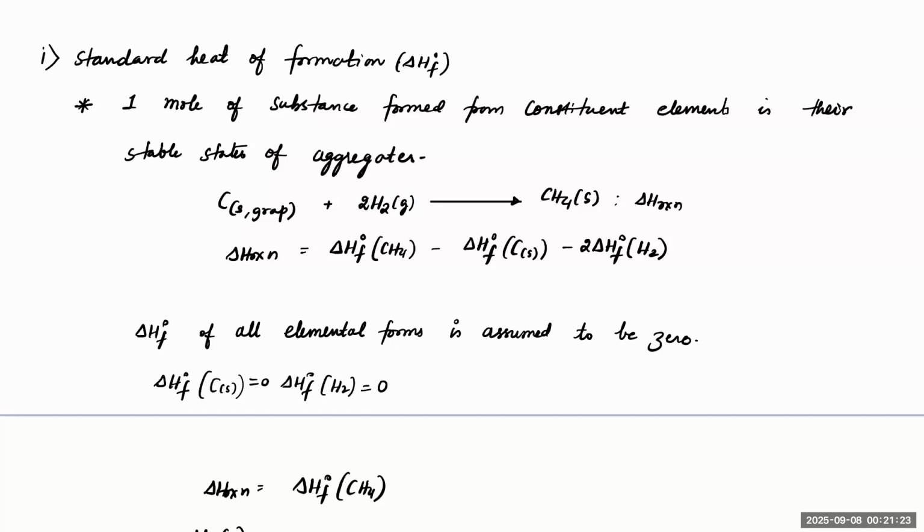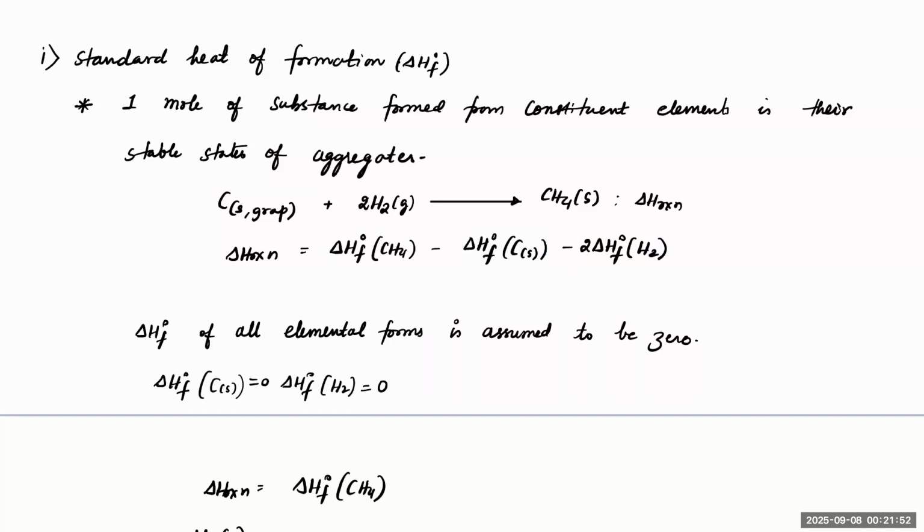So this is the constitutional form of hydrogen, and this is the constitutional form of carbon. Only when they combine to produce 1 mole of methane, then delta H of the reaction will be equal to delta H of formation of CH4 minus delta H of formation of carbon minus 2 times delta H of formation of H2.